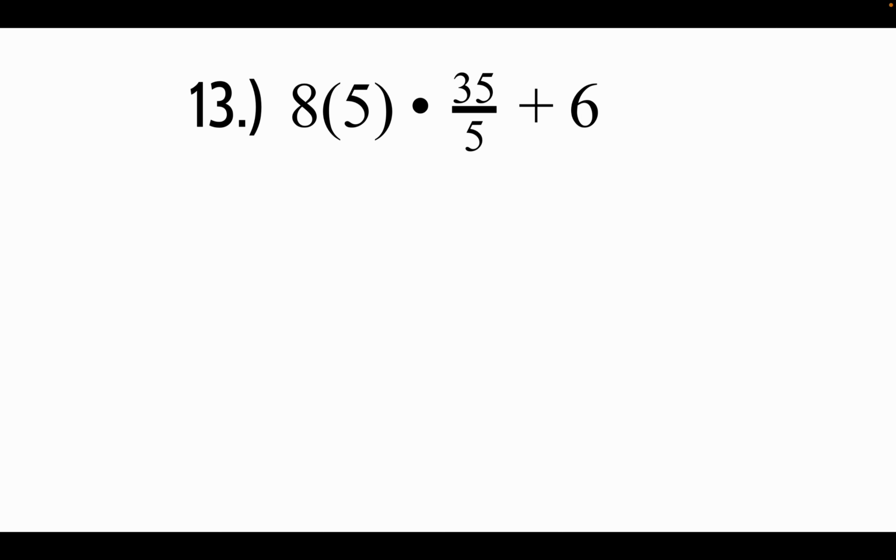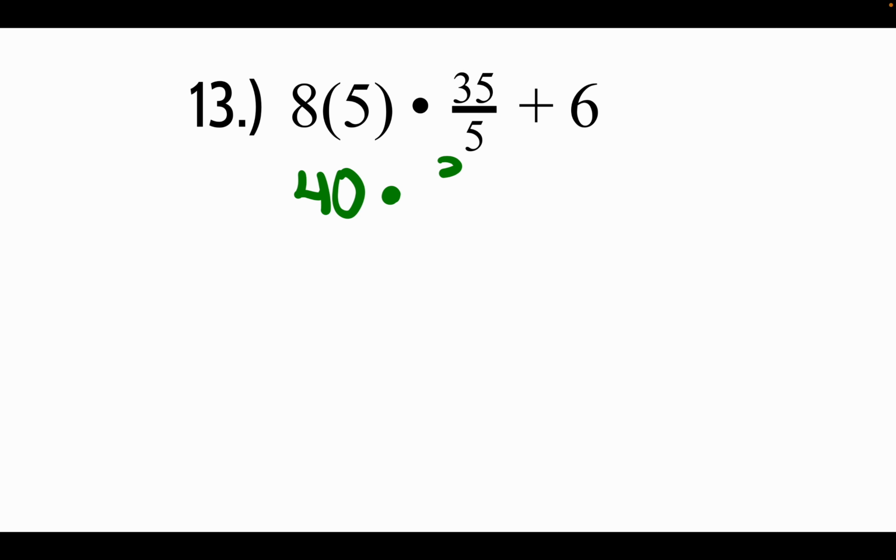Okay, our next one. So we have, let's look at this. Well, what does this mean again? That is actually multiplication. So remember, this is 8 times 5. Okay, so 8 times 5, well, that's 40. And then what does this mean?